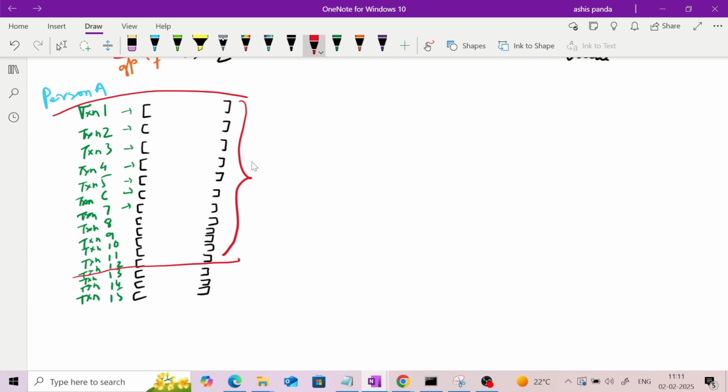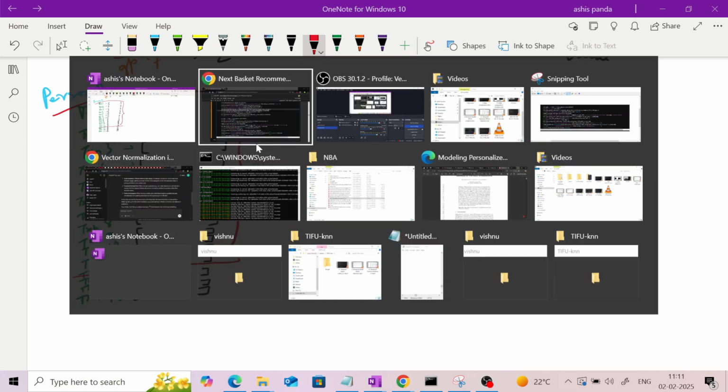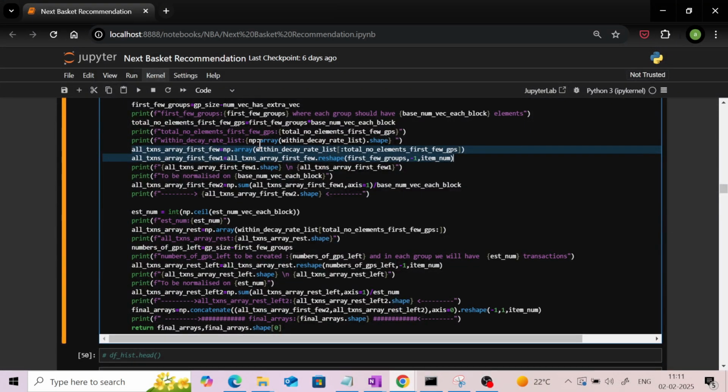And what does it do to those 12 transactions? When I say the first 12 transactions are being taken into account, it is being done in this particular slicing.